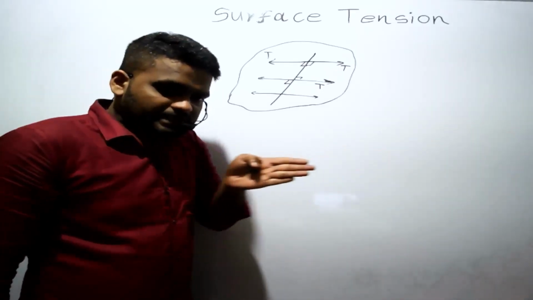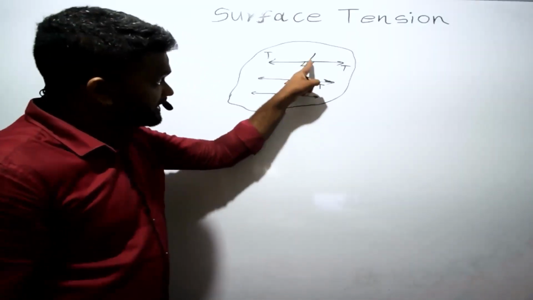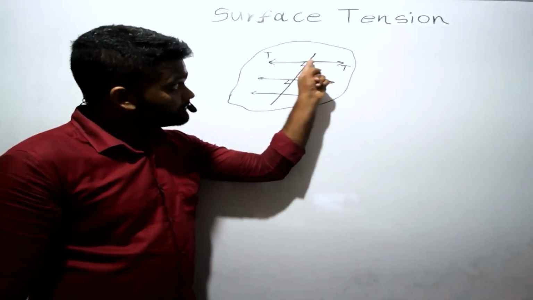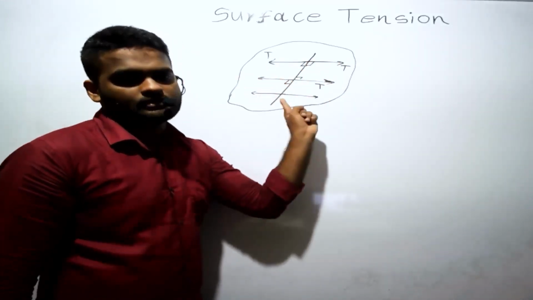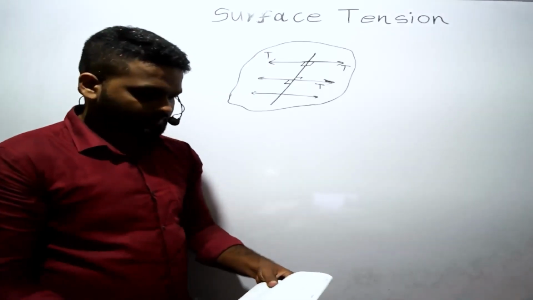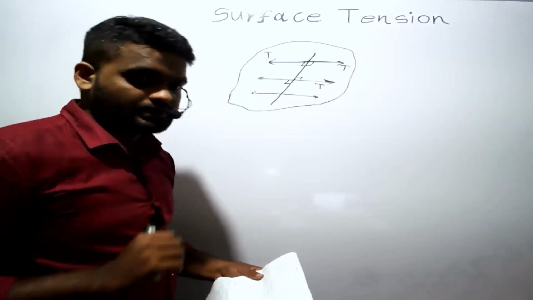If you think about an imaginary line over a liquid surface, perpendicular to that line there are surface tension forces acting like this. Understood? Right. Draw this. If you are done, thumbs up.